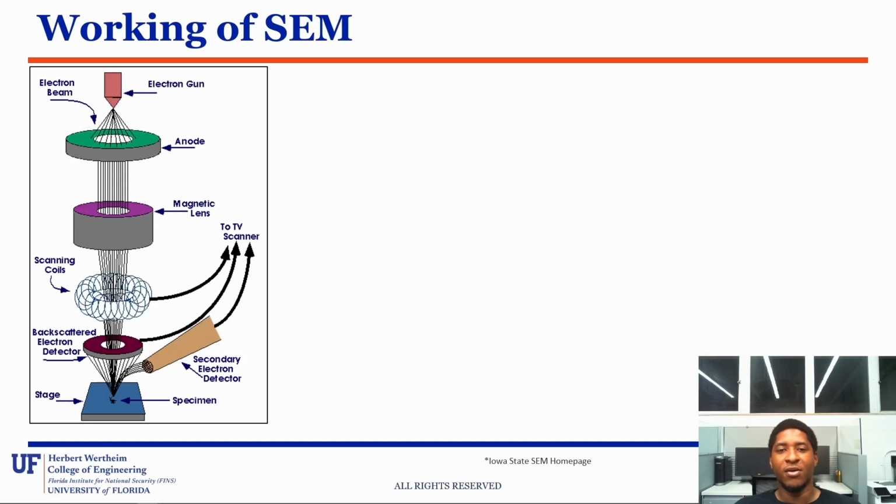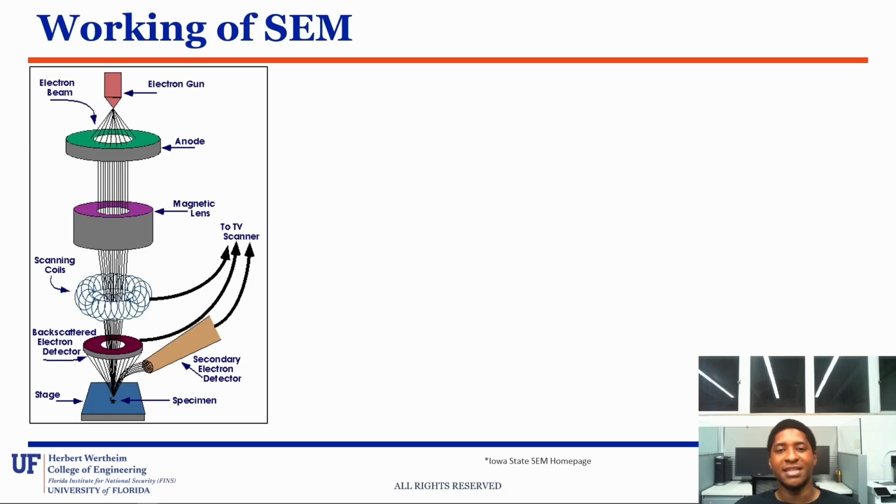Here is an image of the scanning electron microscope. This is a generic version because there may be different configurations available, and technology continues to improve the operations of the current setting. This is the most generic version, and you would find in it the electron gun, which emits electron beams, an anode, magnetic lens, the scanning coils, the various detectors for the various types of signals emitted, and then a stage for the specimen under test.